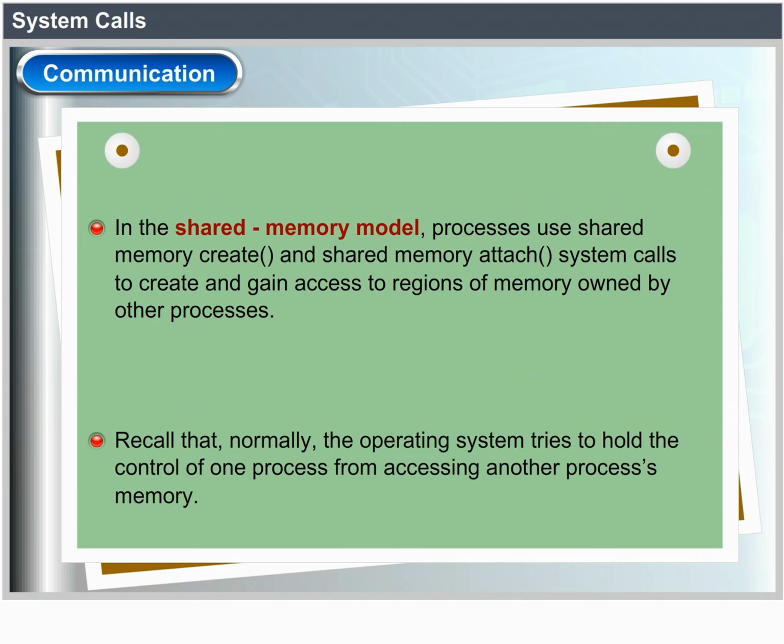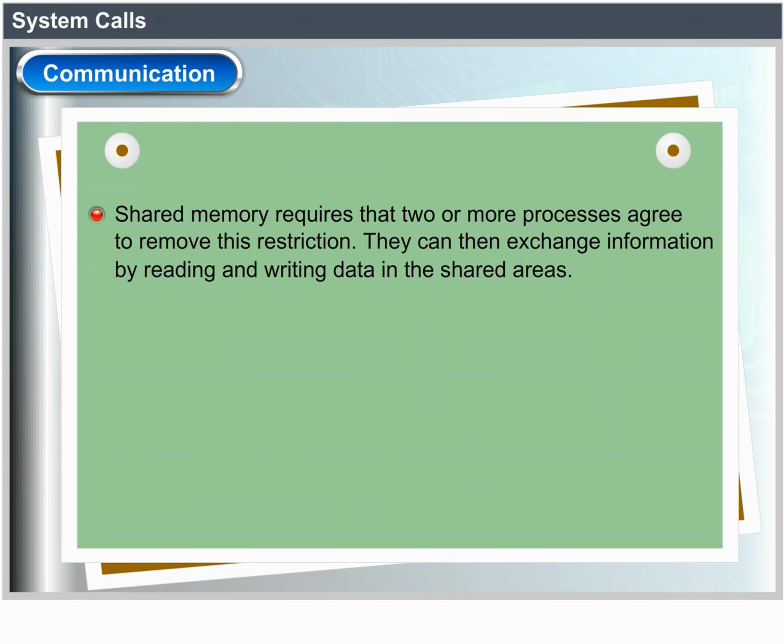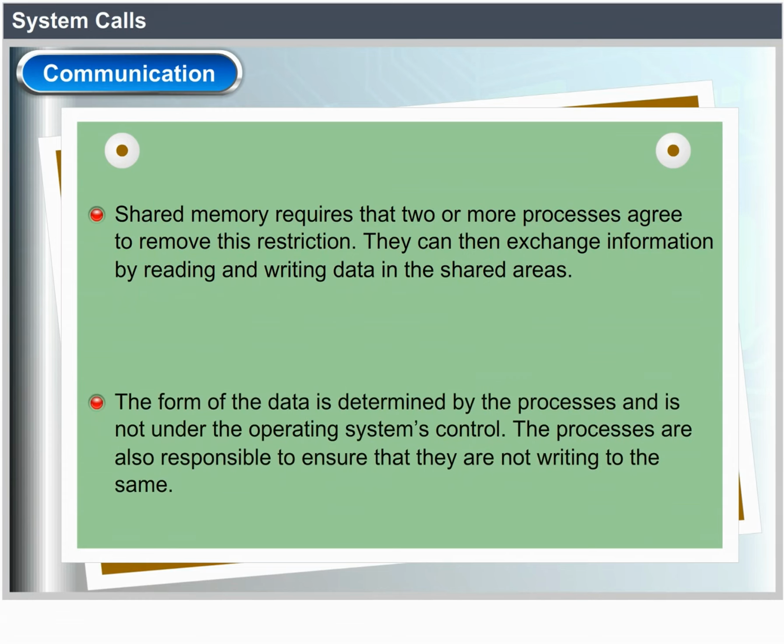Shared memory requires that two or more processes agree to remove this restriction. They can then exchange information by reading and writing data in the shared areas. The form of the data is determined by the processes and is not under the operating system's control. The processes are also responsible for ensuring that they are not writing to the same location simultaneously.